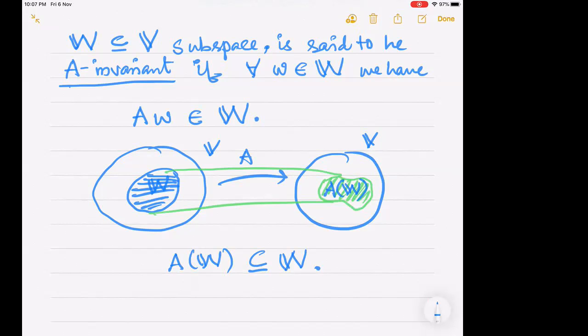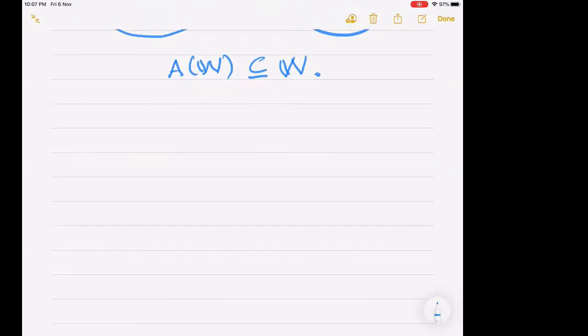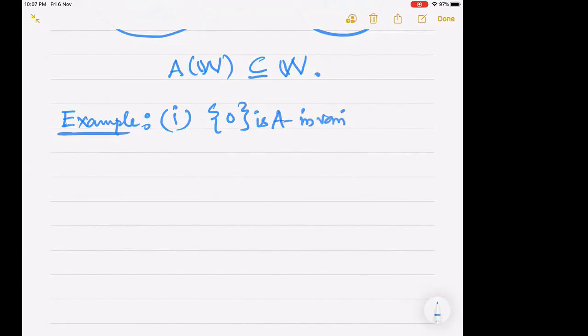Perhaps it will be easier to understand if I give you some examples. Whenever we do something, first we start with trivial examples. Of course, the zero subspace is A invariant for any A, because 0 will always be mapped to 0.